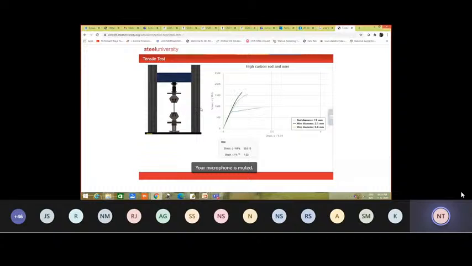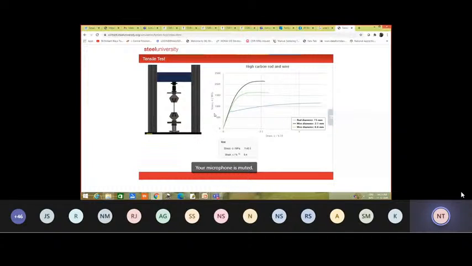Special devices take the values of displacement and load, and from there stress and strain are calculated, and we get data like that.